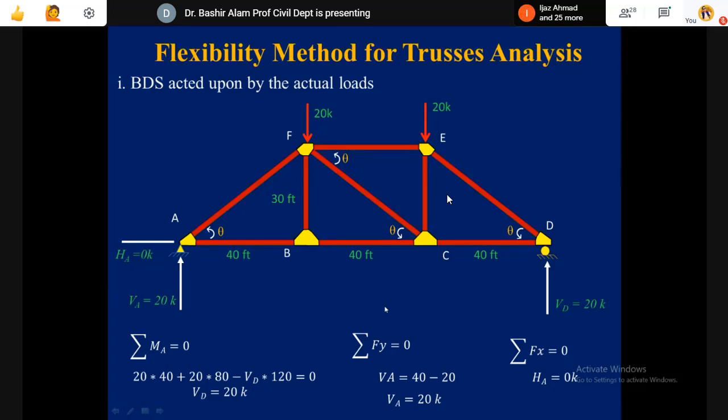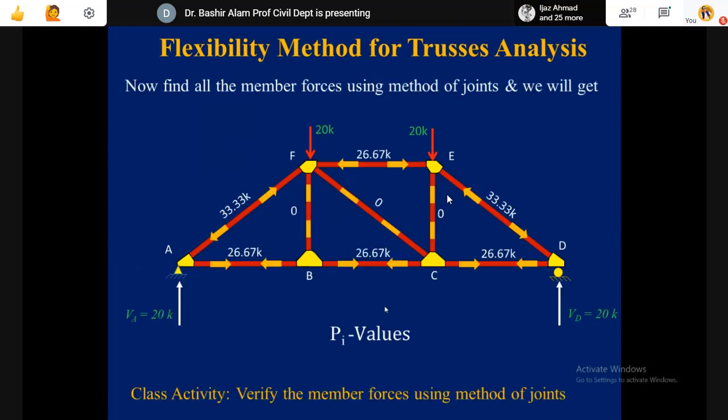Quickly we can find out the member forces now. 20 here is in the vertical direction. 2 member forces are unknown. So at a joint where at the most 2 member forces are unknown, we can apply the method of joints to find out the member forces.